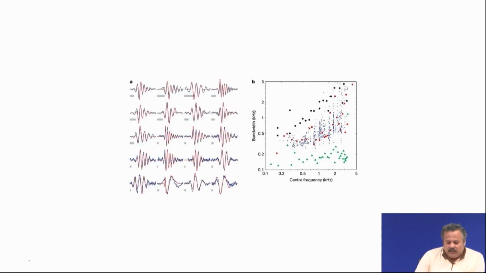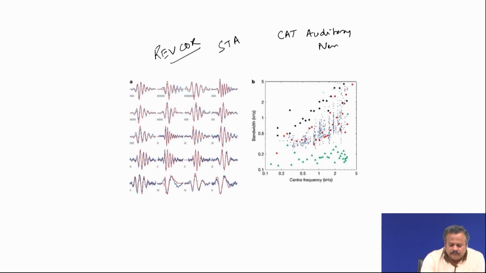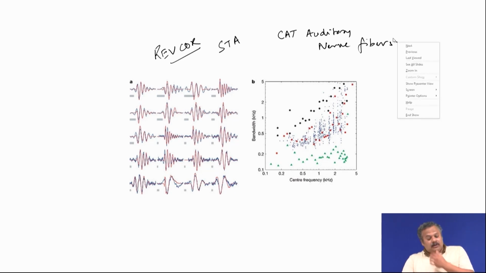So, they compared the similar frequency spike triggered averages, or reverse correlation functions, obtained from cat auditory nerve fibers, which are very well represented by gammatone filters.